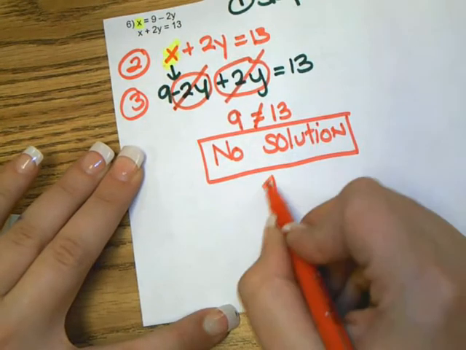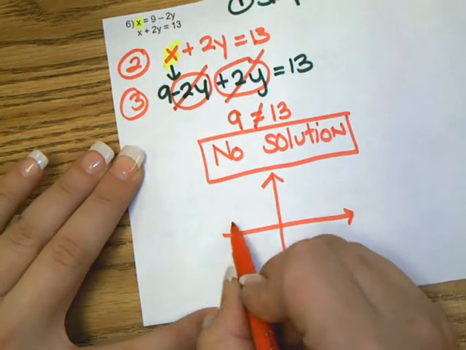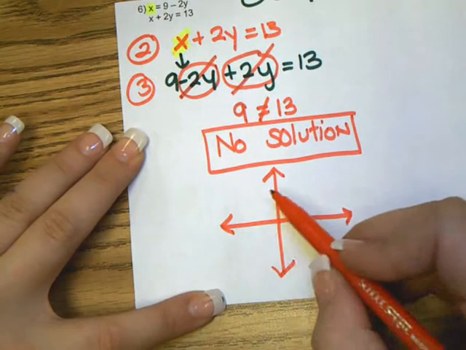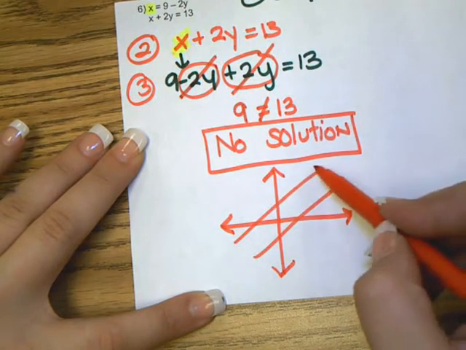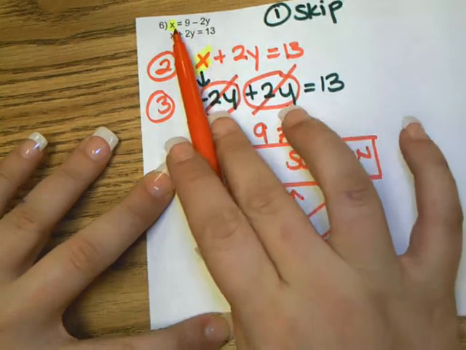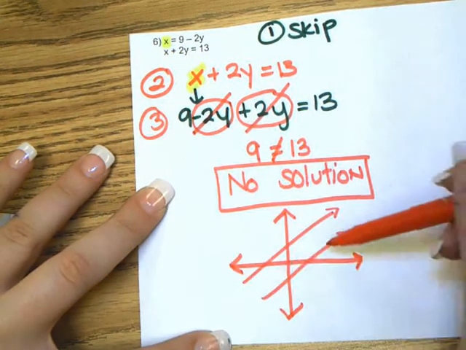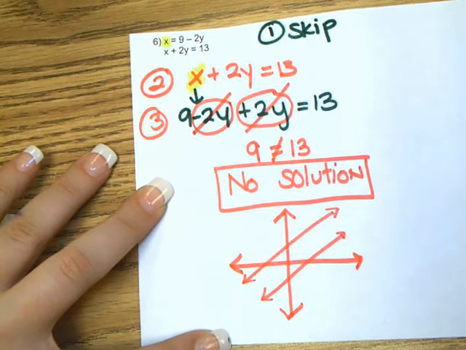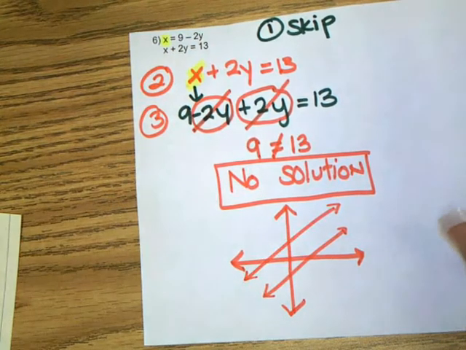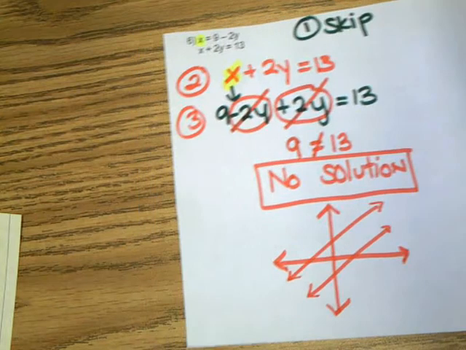So if you remember from the section before this in class, we talked that graphically, no solution, if you were to solve this by graphing, they would be parallel lines and they won't ever intersect. That's why it's no solution. So if you were to graph these equations, they will not ever intersect.